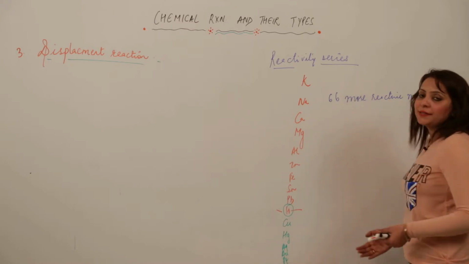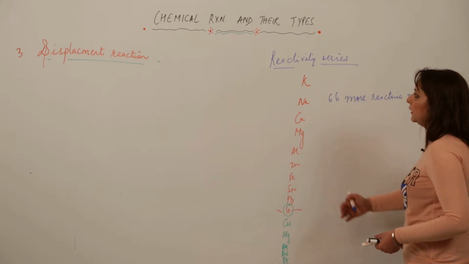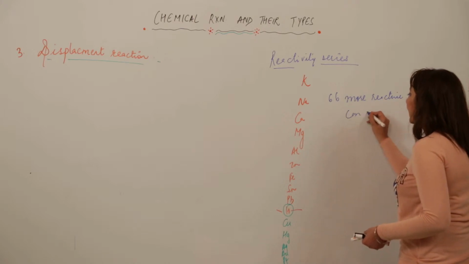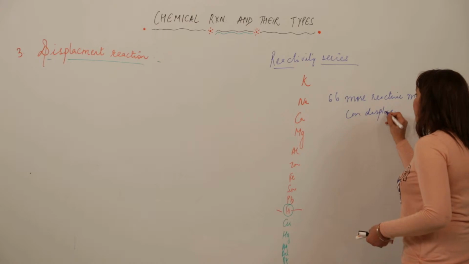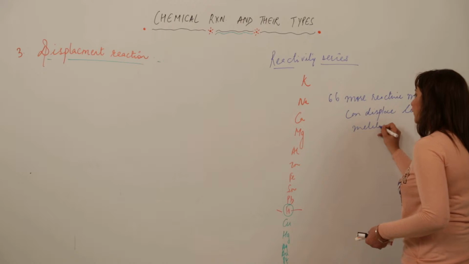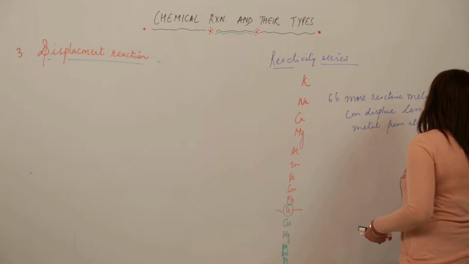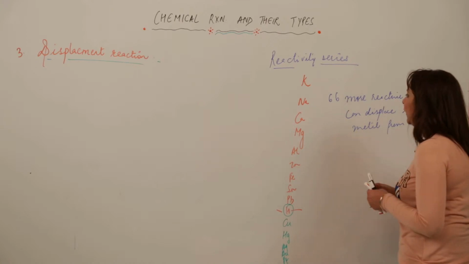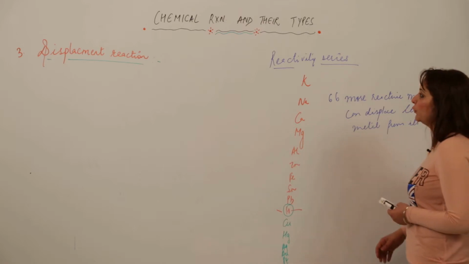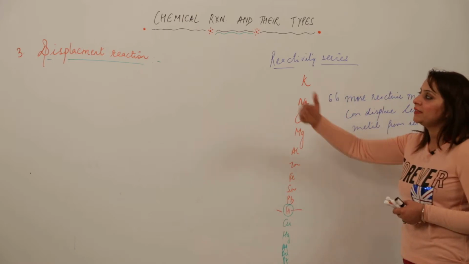Because I have written the series for metals, the conclusion made on the basis of this reactivity series is that a more reactive metal can displace a less reactive metal from its solution, right. So this reactivity series helps in formulating this conclusion that a more reactive metal can displace the less reactive metal from its solution.